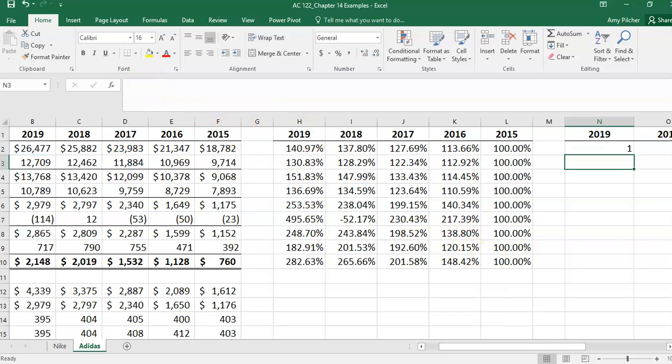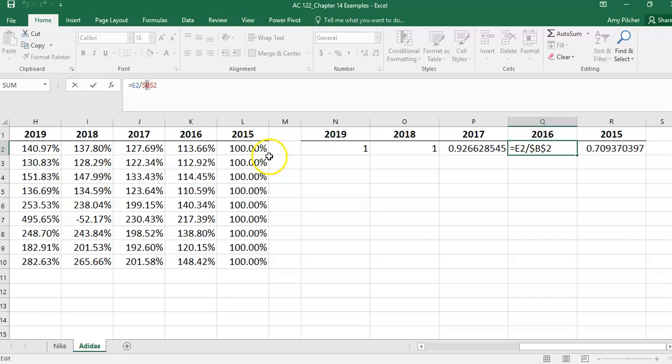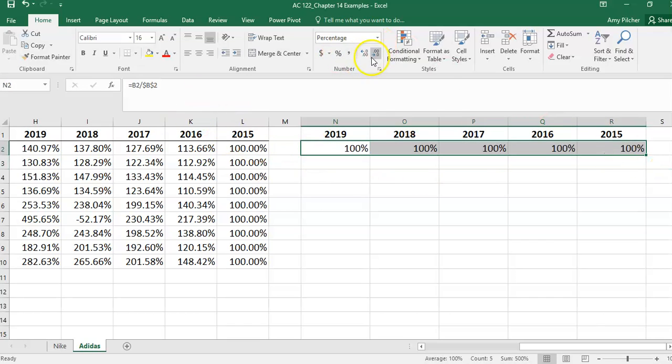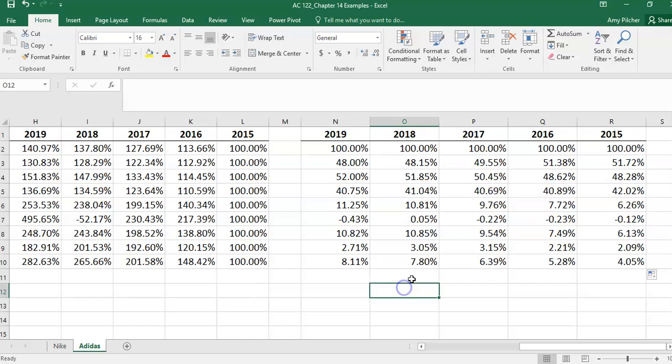And if we lock that cell, then we can copy our formulas. And we can see that we're fairly consistent.